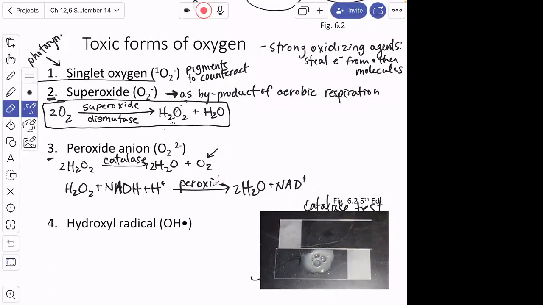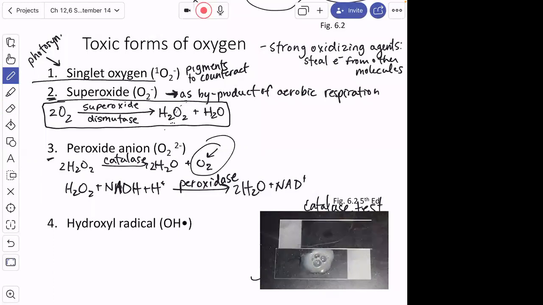I didn't leave myself very much room there. Peroxidase. Okay. So organisms have to either have catalase or peroxidase to detoxify that hydrogen peroxide. The catalase is a lot easier to test for because we've got that oxygen that we can see. I don't know how you would test for the production of water or NAD. There may be a way to do it, but okay.